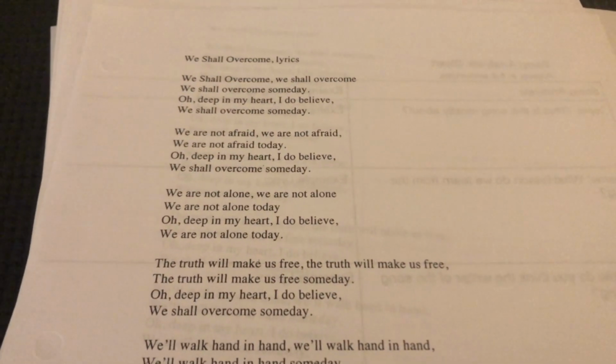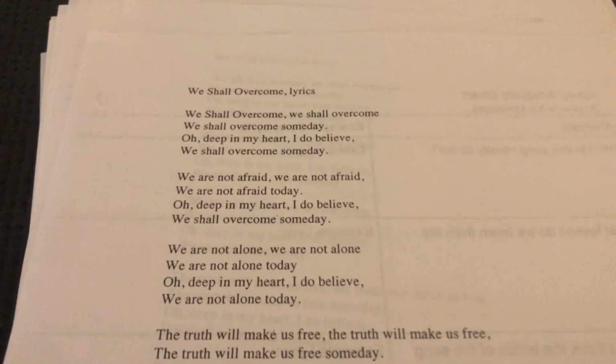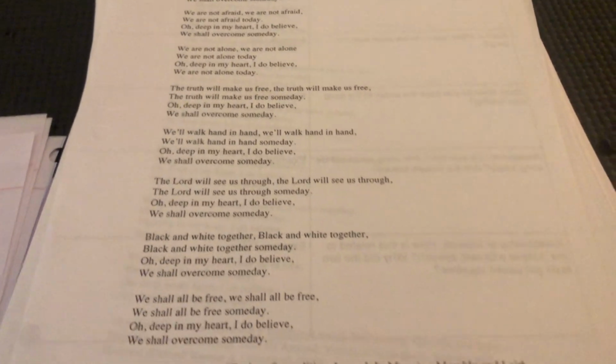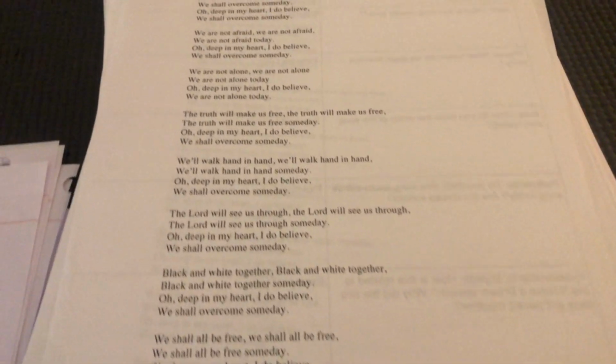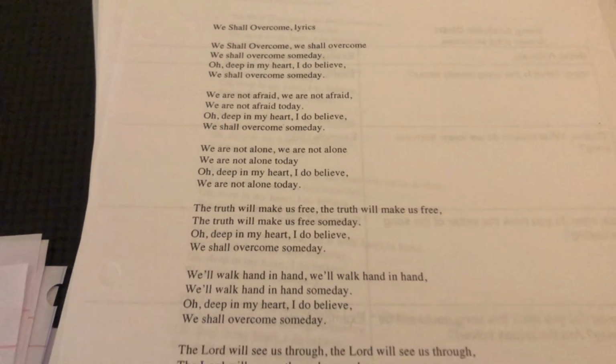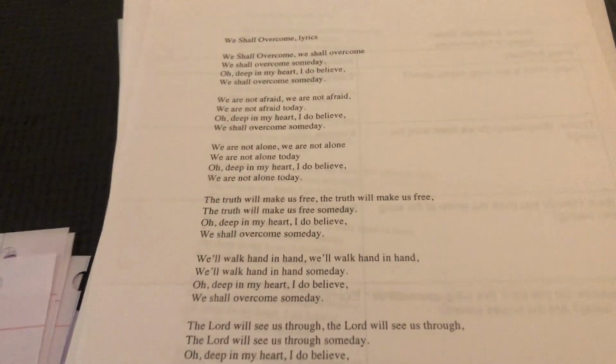This is the song. This is called We Shall Overcome. I gave them the lyrics, and it's just one page, pretty self-explanatory, not a lot of big words, so I'm not really going to have to give them a lot of definitions. And then they're gonna read the lyrics and do this little organizer on the back. I made a chart that has questions on the left side.